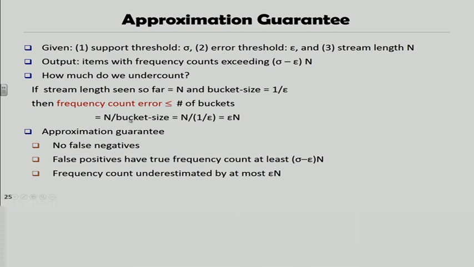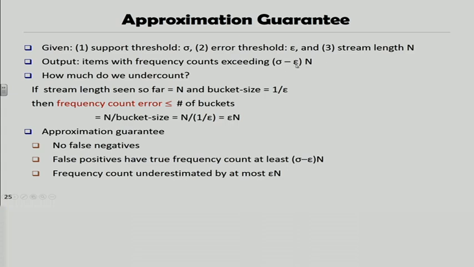Then we already know the bucket size is 1 over epsilon. That's why n divided by 1 over epsilon gives you epsilon times n. That's the worst case you are going to get. So that's why he claimed that when you report the frequent count, the worst case you report wrong is sigma minus epsilon times n.